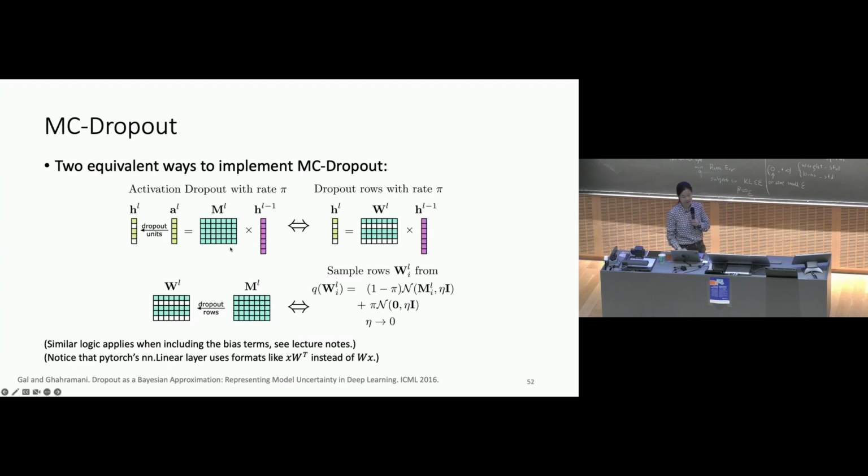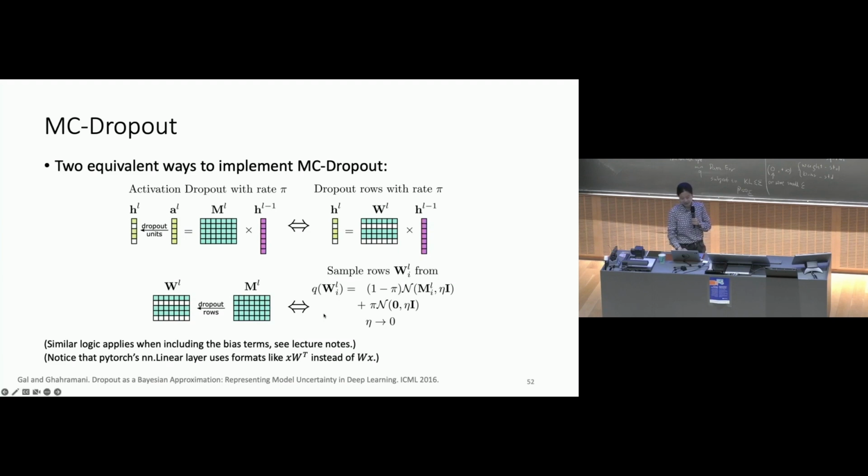Now if you look at the linear transformation, it is essentially the same thing as dropping some rows from the weights. If you drop some rows from the weights, by this notation of weights times input, you are essentially also just dropping out the corresponding output units.